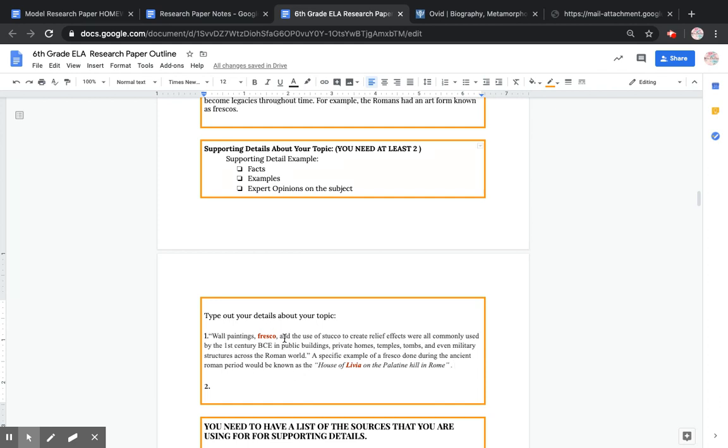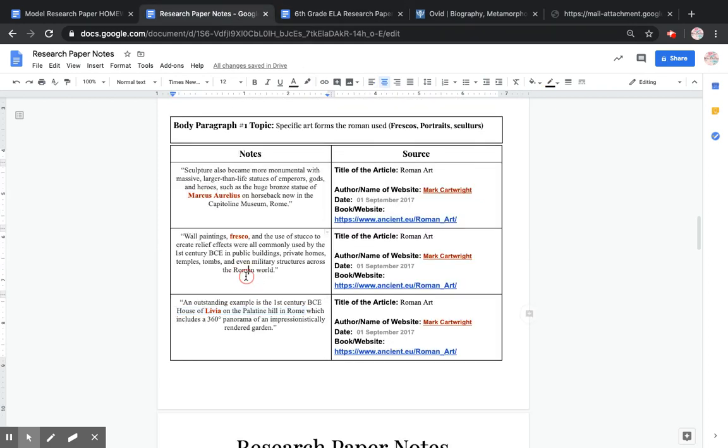Wall paintings, frescoes, and the use of stucco to create relief effects were all commonly used by the 1st century BCE in public buildings, private homes, temples, tombs, and even military structures across the Roman world. A specific example of a fresco done during the ancient Roman period would be known as the House of Livia on the Palatine Hill in Rome. So then what I would do is I'd put the quote here.